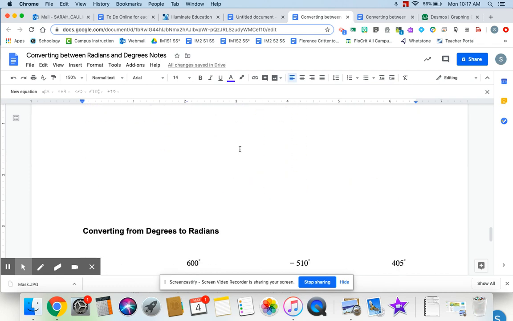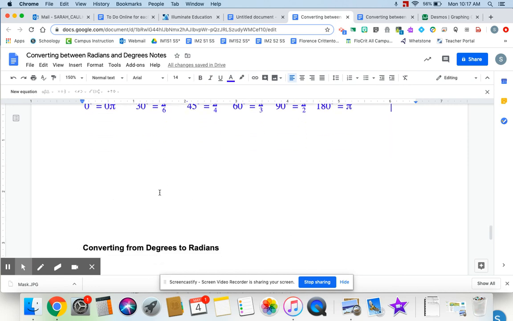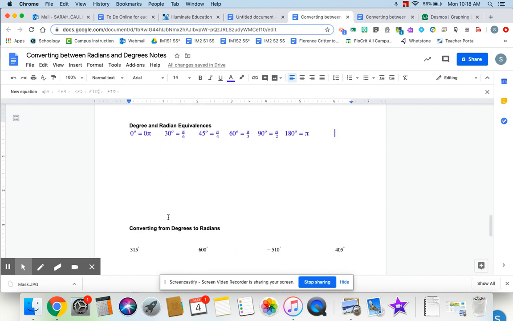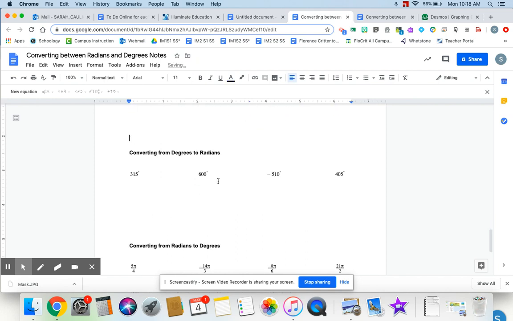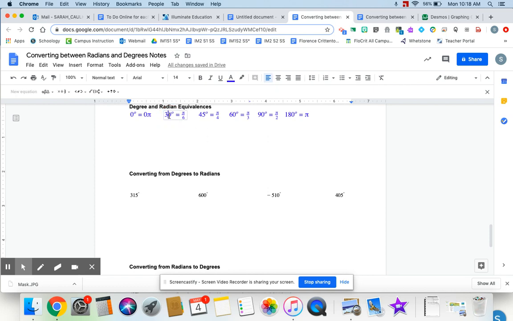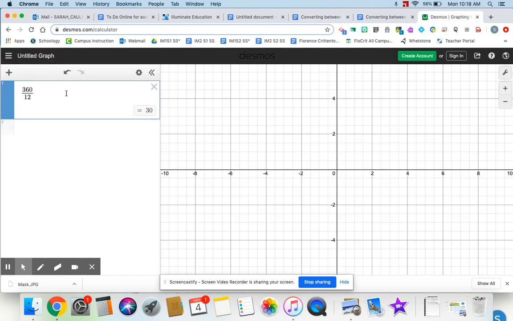So those are the equivalencies, which means, let's zoom out. If I want to go from degrees to radians, for example, I have 315 degrees. I have to guess, which one do I think it is? Do I think it's pi over 6, meaning that I could divide 315 by 30? Let's try it. 315 divided into 30s would give me a decimal, and I don't want decimals.